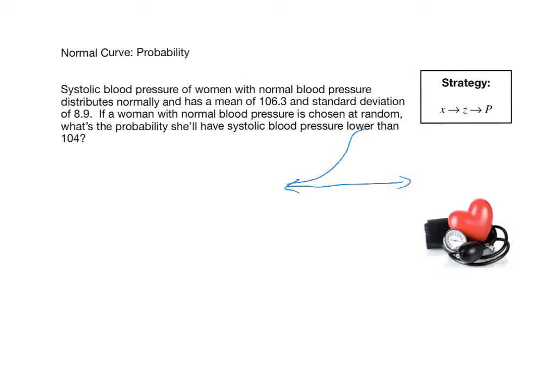So the blood pressure distributes normally, so we've got this bell curve, and we have a mean of 106.3 and a standard deviation of 8.9, which would put us right here at the inflection point at a value of 97.4. If you take 106.3 and subtract 8.9, that gives you the 97.4.